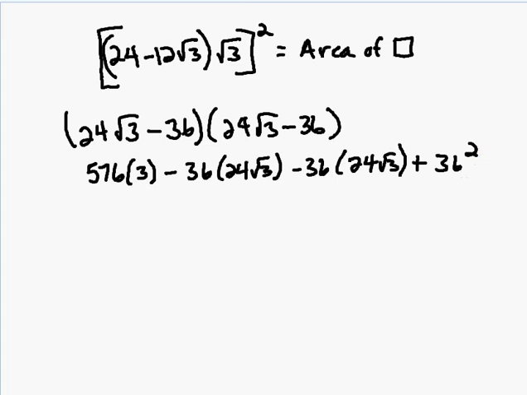So 576 times 3 is going to be 1728. And if I combine the two middle terms, I have 72 times 24 root 3.